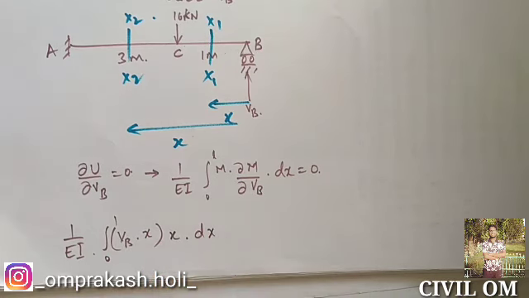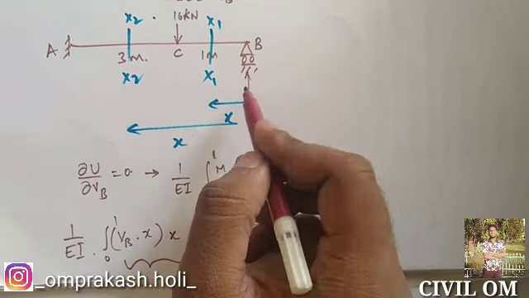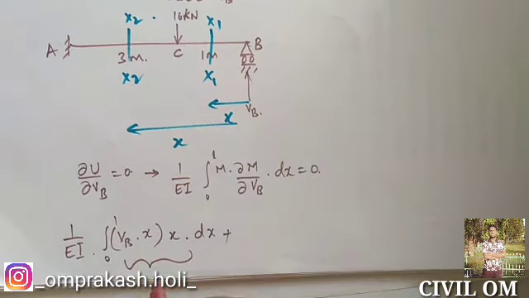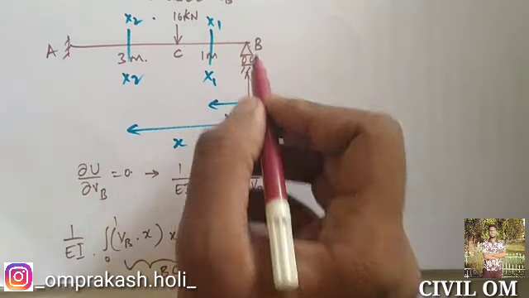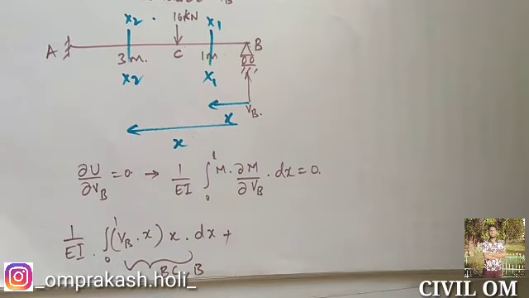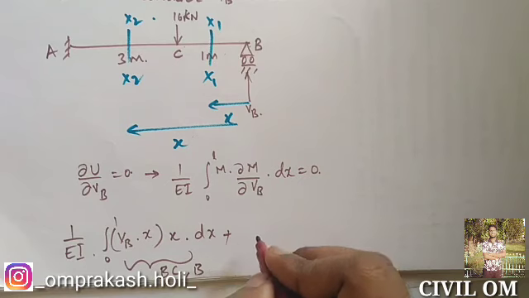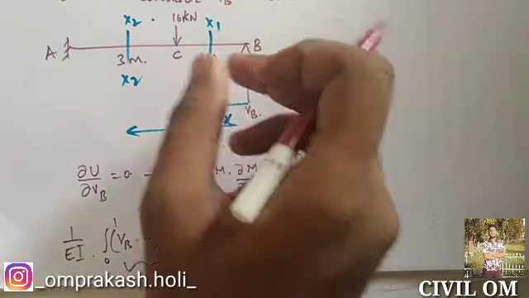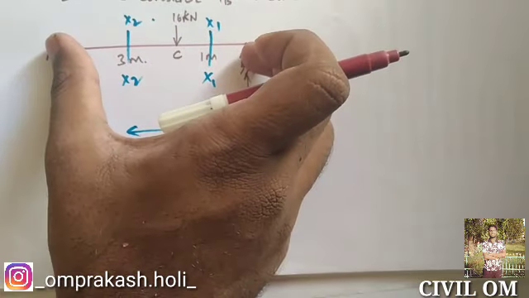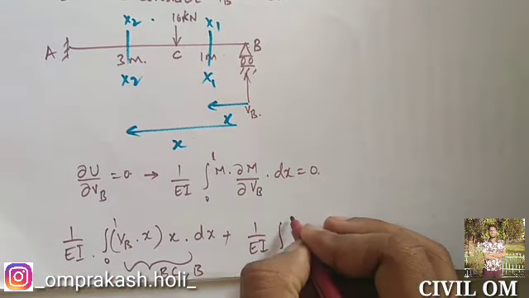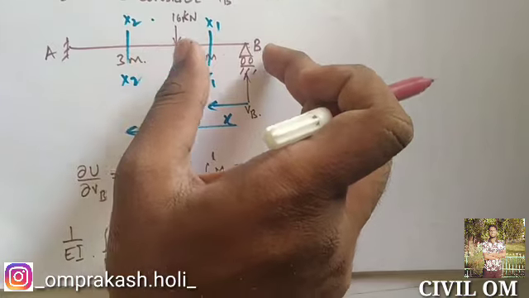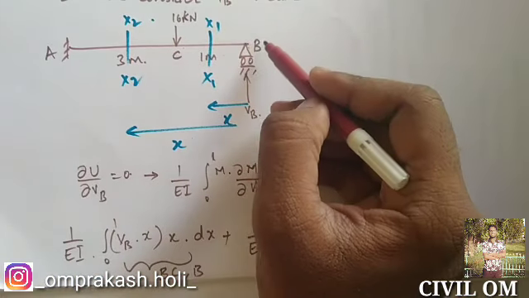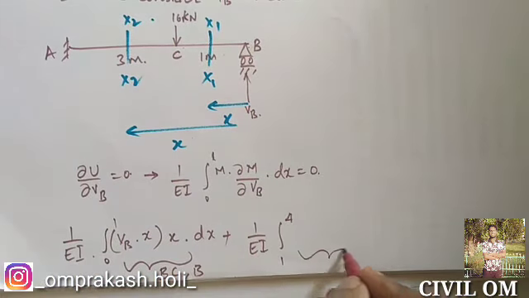Plus now let us consider the next portion. Let's name this portion BC, considering B as the origin. Next, 1 upon EI for this portion. This distance is 1 and the entire length is 4, so the limits are 1 to 4. Now the portion we have here is BA, considering B as origin.